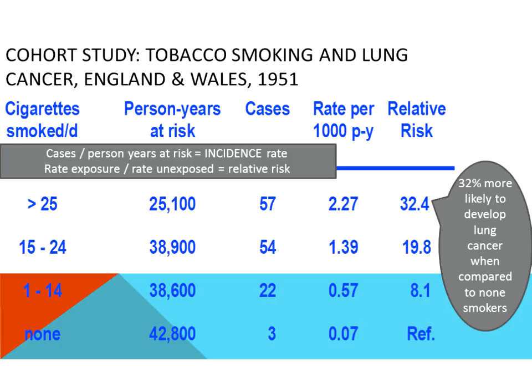And this uses your incidence density, which is your person-years, versus just the number of years in which people were studied.